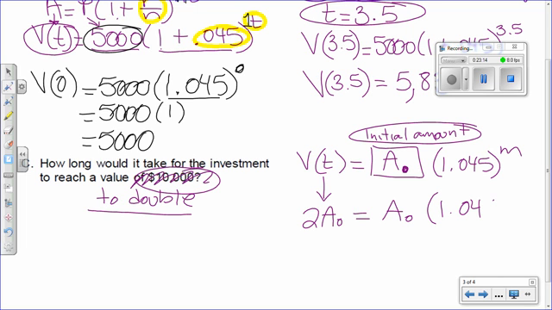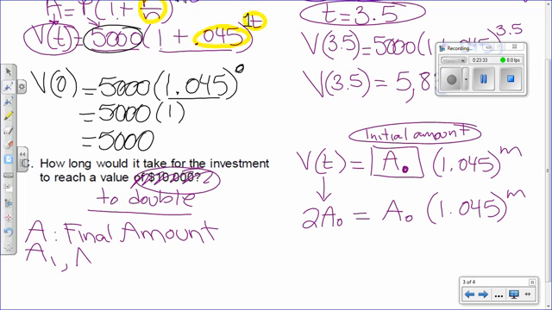Can you explain what A sub 0 is? So you know how we used to call A the final amount or the future value? Then when we use subscripts, we could say something like, what is the amount after 1 month? What is the amount after 2 months? So when we say, what is the amount at 0, that will be the initial amount.